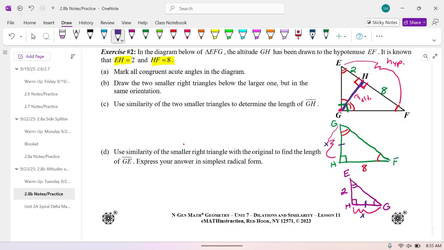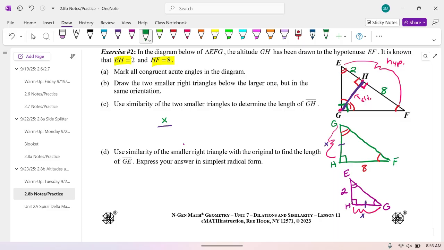So if I start with GH over what's its proportional side, so I'm talking about the GH on the green triangle. So let's call that X. And again, this is from the green, so I'll probably make that green.